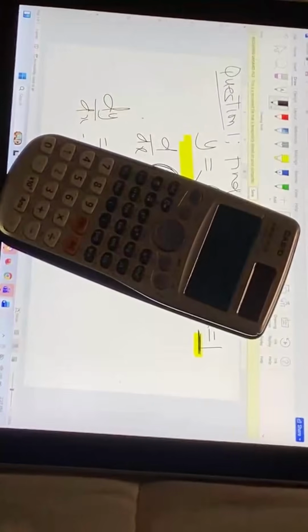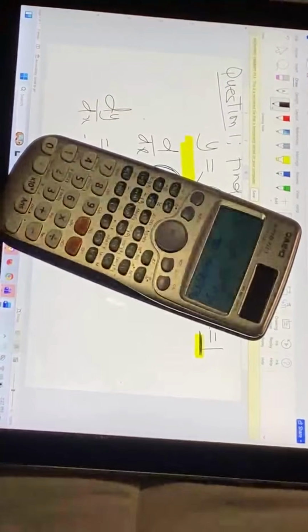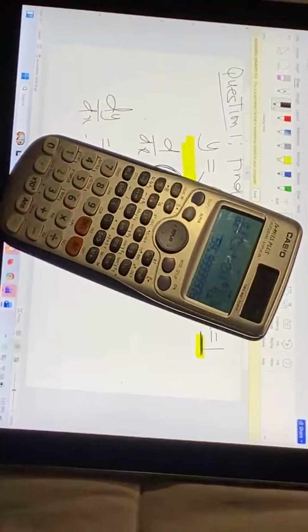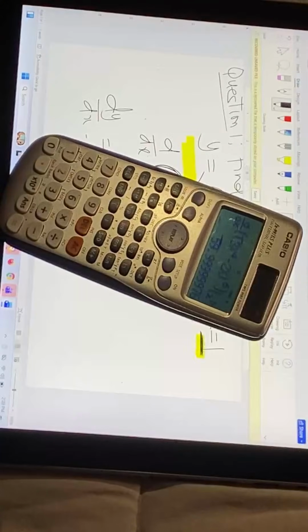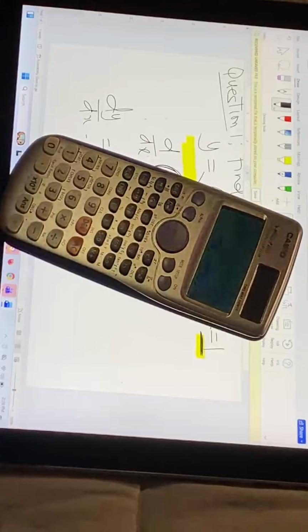Okay, now the first thing here is to click on shift to get the d over dS, and then click on that integral button there. Let me just clean my own tool.